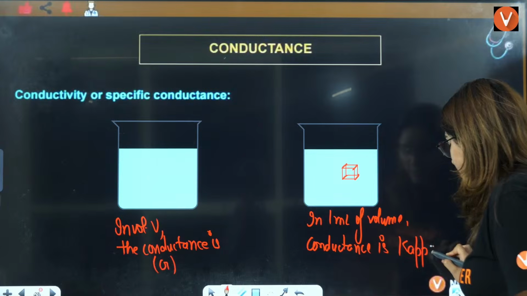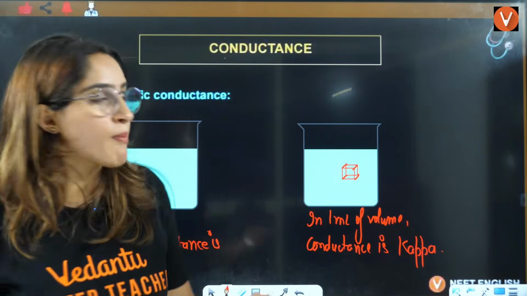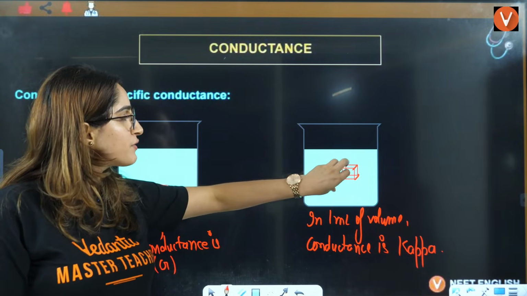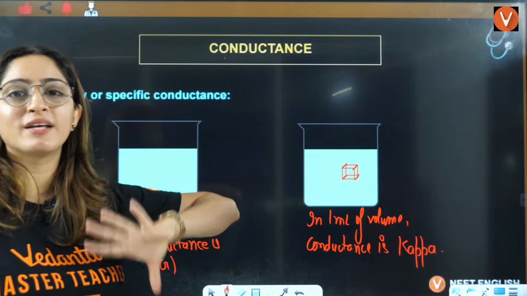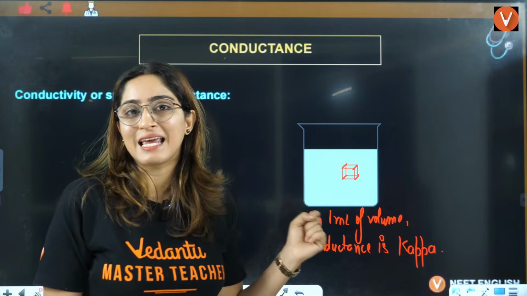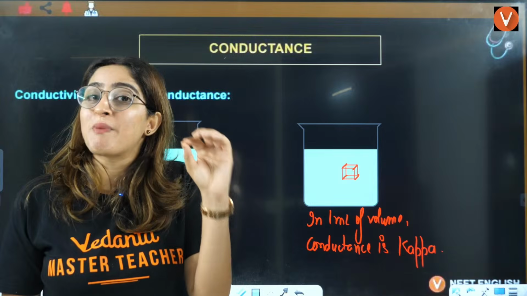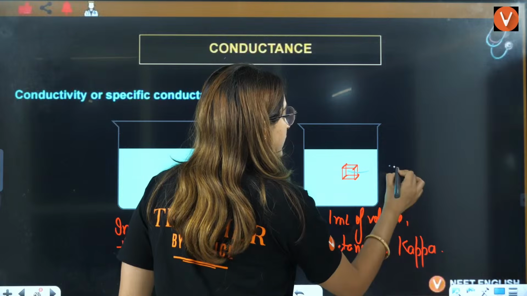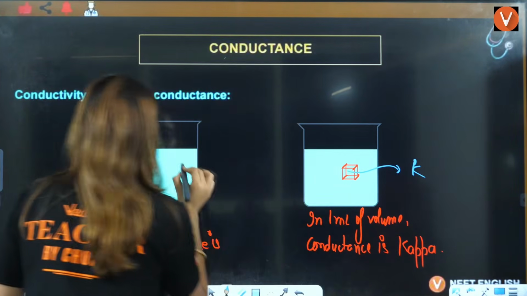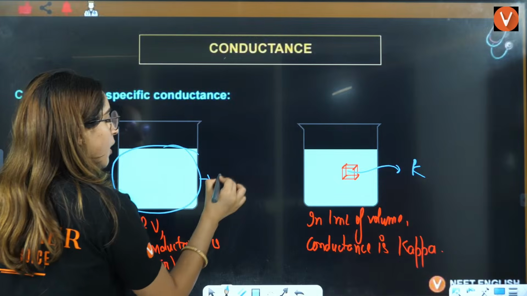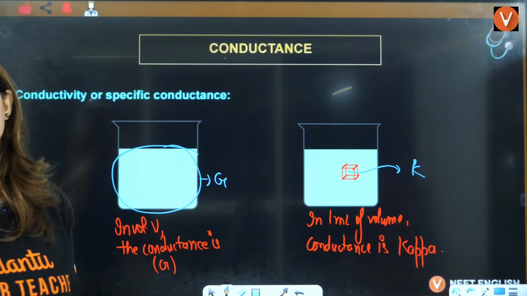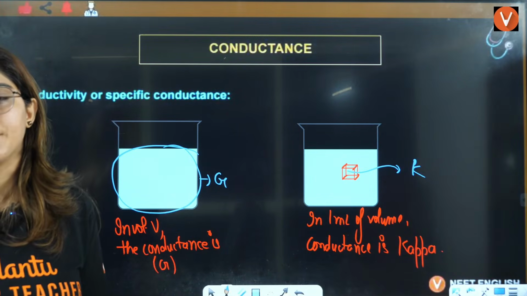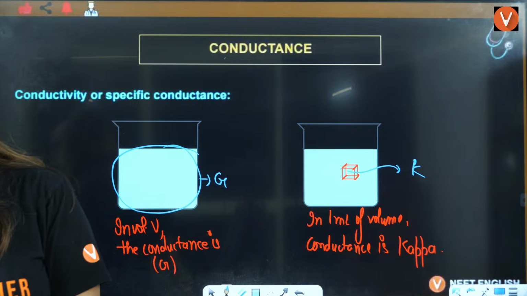That is specific conductivity. So when we specify that I am talking about 1 milliliter, you need to define the conductance within this volume. That is called specific conductance or kappa. Here we are discussing kappa, and overall we are discussing conductance. This is conductance, and this is specific conductance or conductivity. Right, everybody?